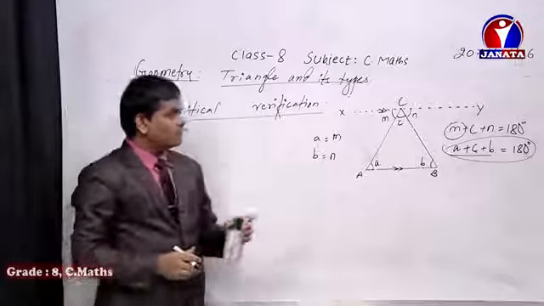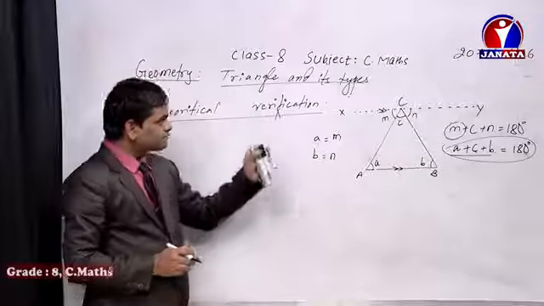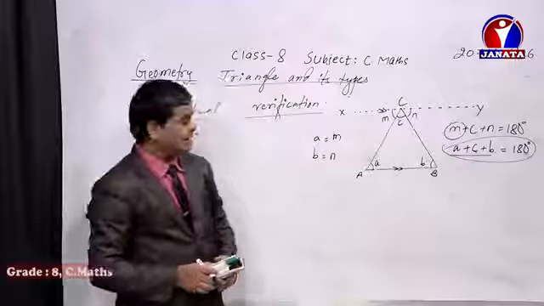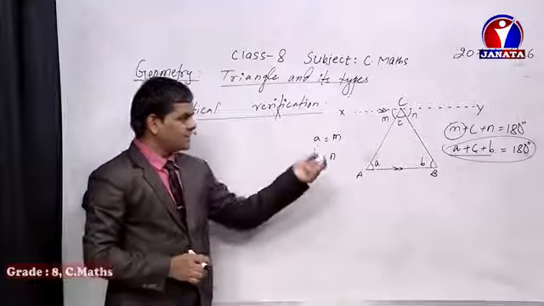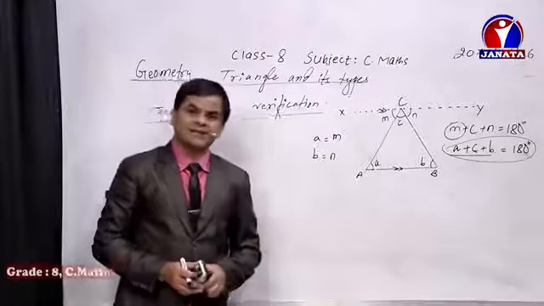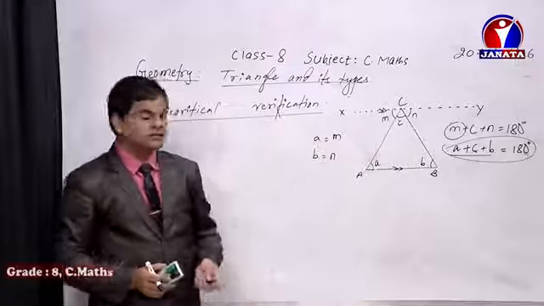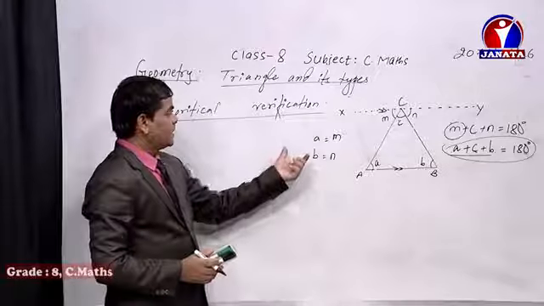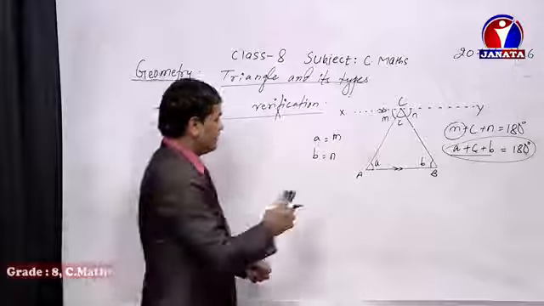Here we have drawn a figure, triangle ABC, and then we have constructed a line XY through C, and then we need to fill up these statements, and at last we need to write the conclusion of the figure, that is, the sum of angles of a triangle is 180 degrees. You can see in your book as well, in the very first chapter, proving the sum of angles of a triangle being 180 degrees theoretically as well as experimentally, and you can copy those statements presented in that book.